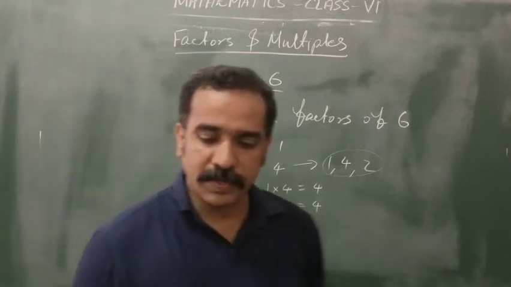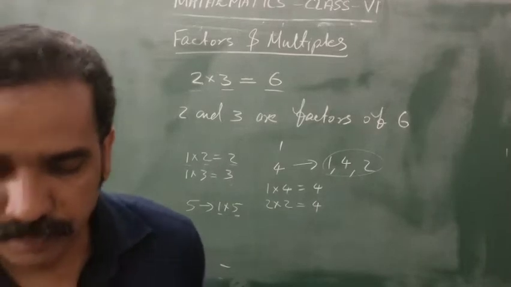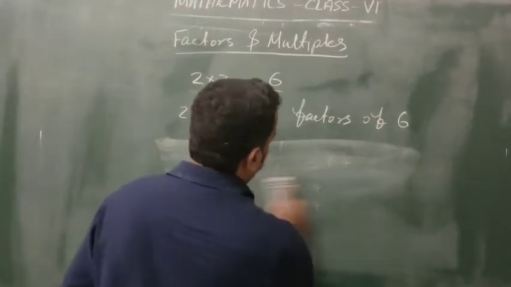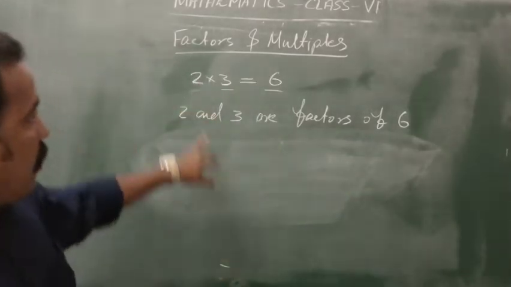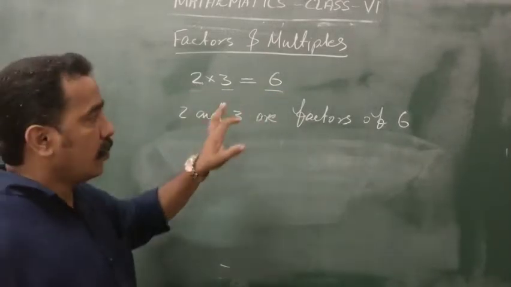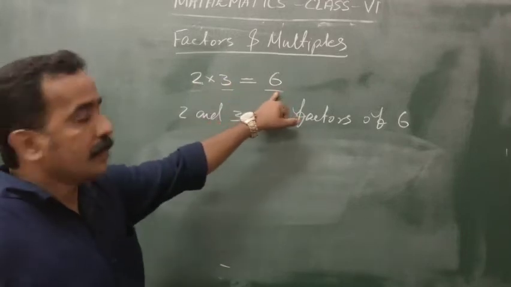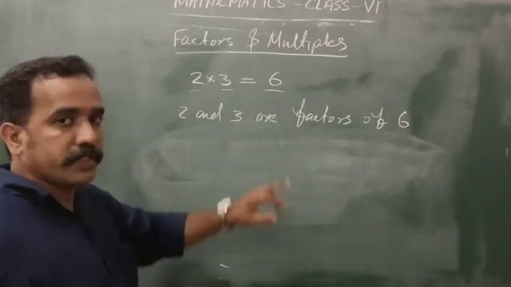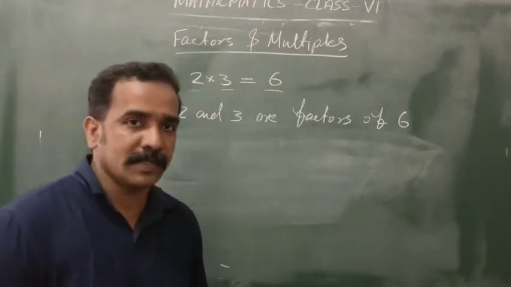So now let us see these factors are having some properties. What are the properties of factors? In this example, we already discussed 2 and 3 are factors of 6, or simply 2 is a factor of 6 and 3 is a factor of 6. Is there any other factor for 6? 2 into 3 is equal to 6. Any other two numbers, if you multiply, you will get 6?